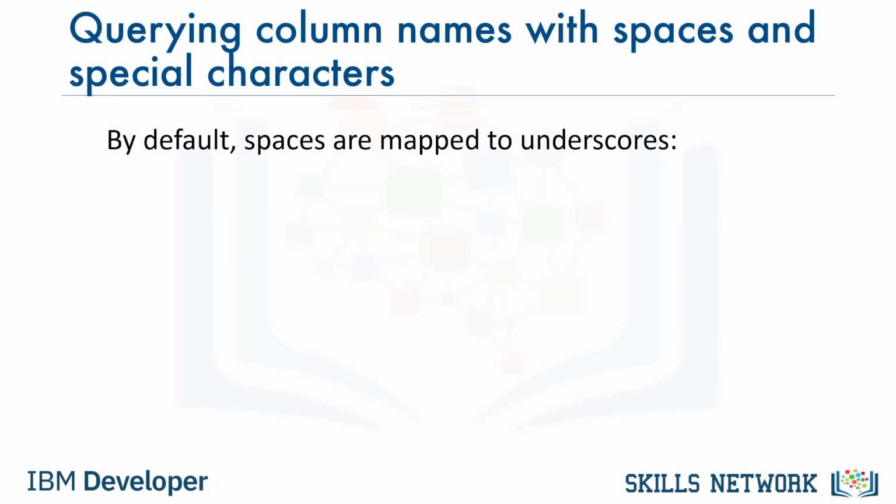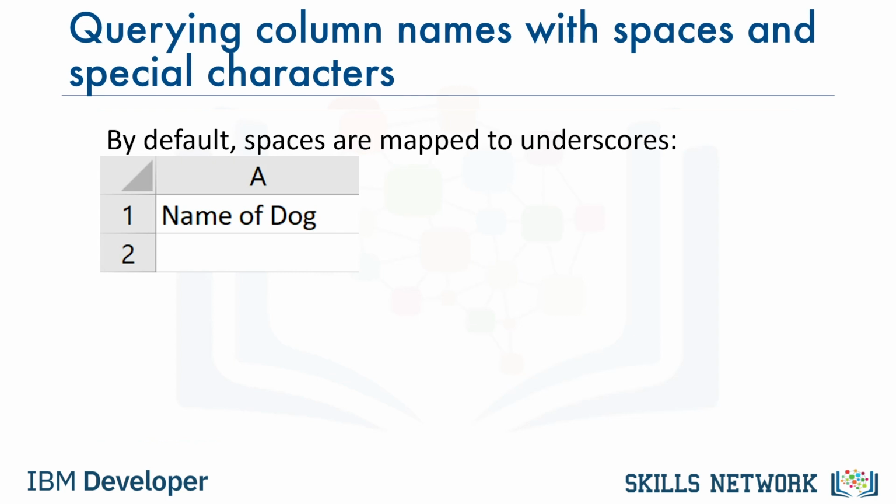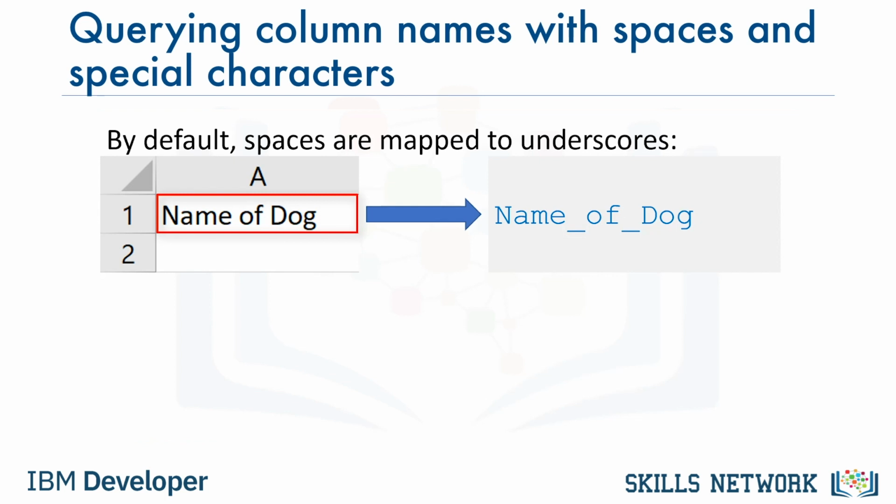Next, we'll cover querying column names that have spaces and other characters. In a CSV file, if the name of the column contains spaces, by default the database may map them to underscores. For example, in the name of dog column, there are spaces in between the 3 words.